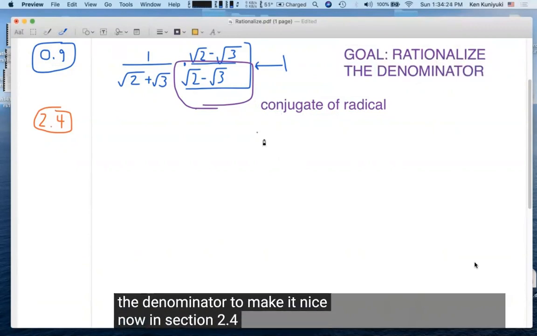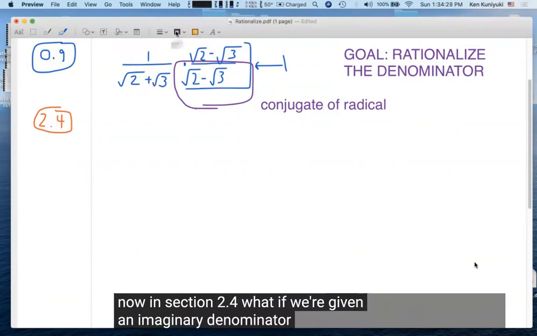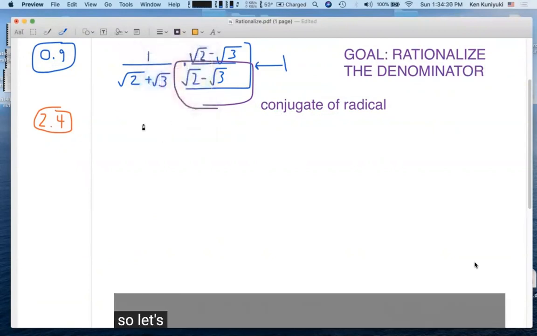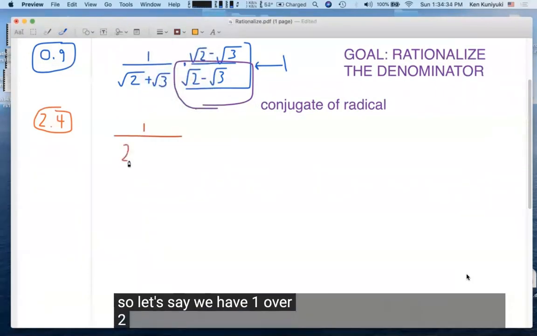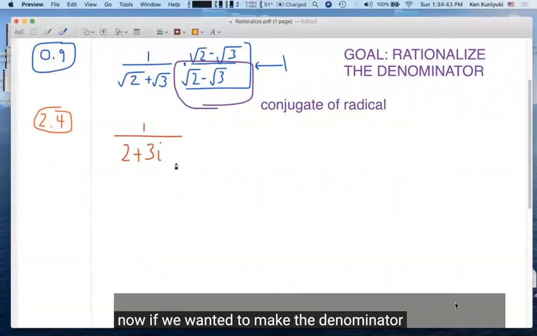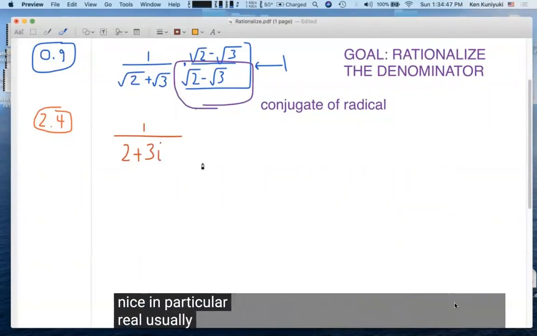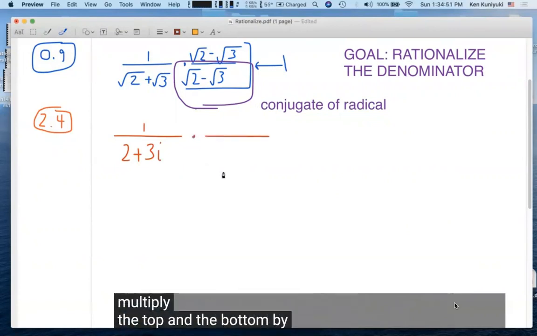Now, in section 2.4, what if we're given an imaginary denominator? So let's say we have 1 over 2 plus 3i. Now, if we wanted to make the denominator nice, in particular real, usually rational, what would we multiply the top and the bottom by?